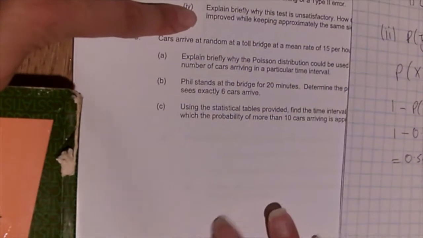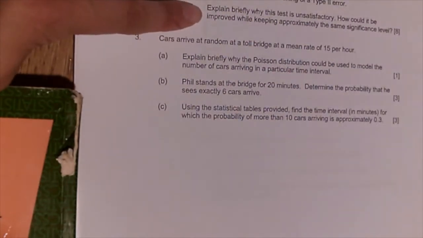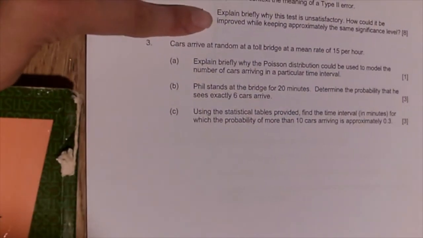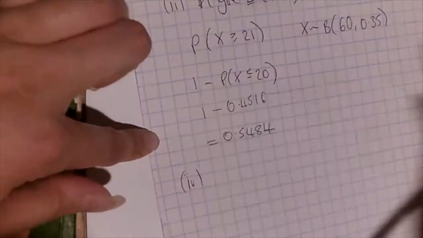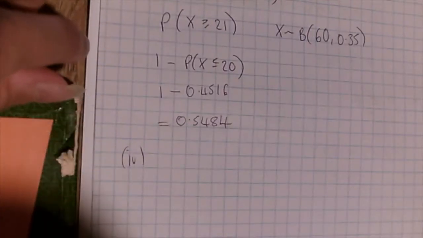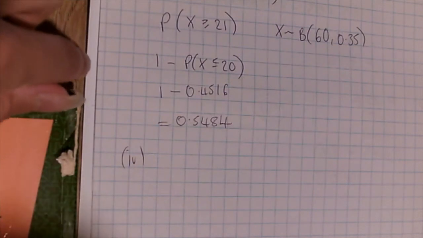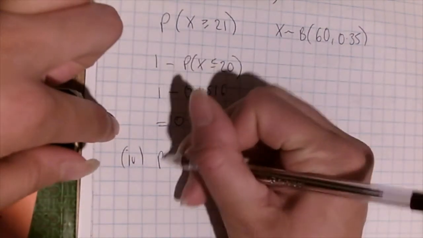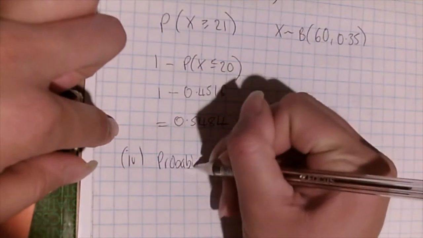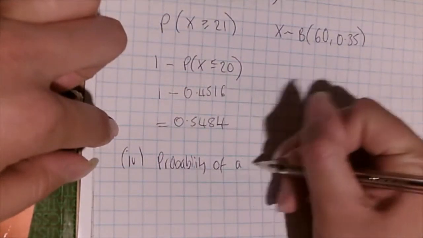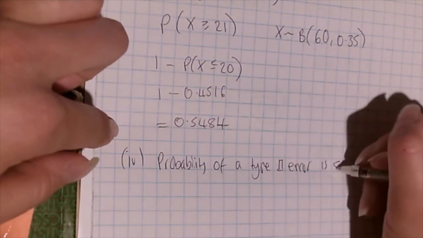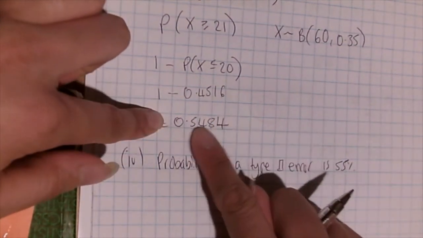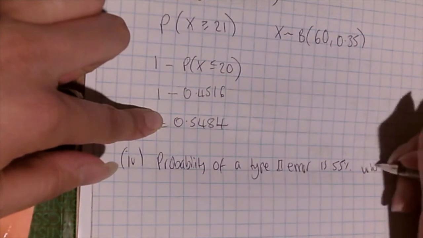Now, the final part is explain briefly why this test is unsatisfactory, how could it be improved. Well, it's unsatisfactory because the probability of error is too high. The probability of error, or type 2 error specifically, is 55% because it's 0.5484, which is too high.